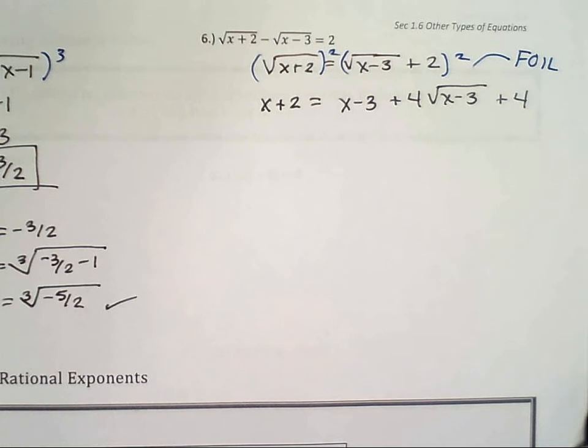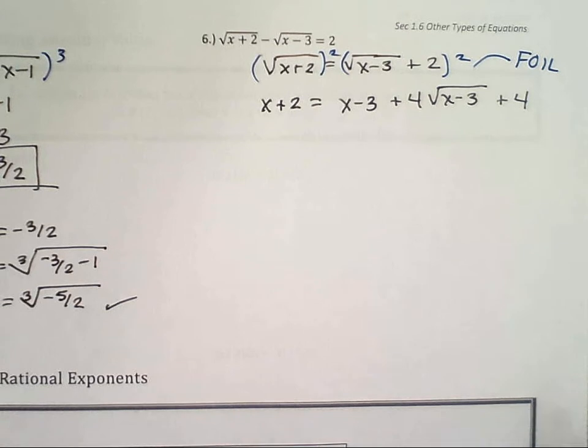Okay? So here, let me just write that. This is the square root of x minus 3 squared. Okay? Okay, so the issue now is that I still have a radical, right?